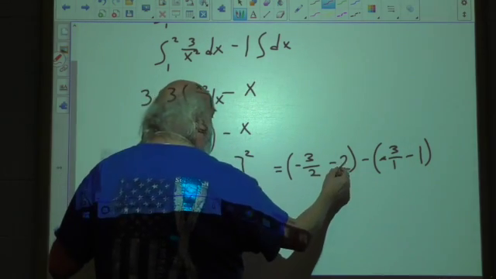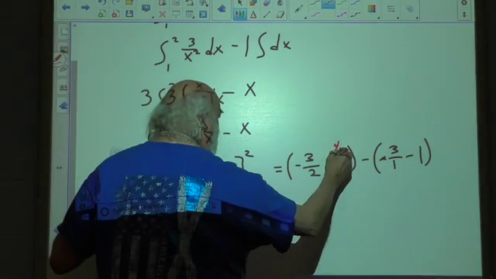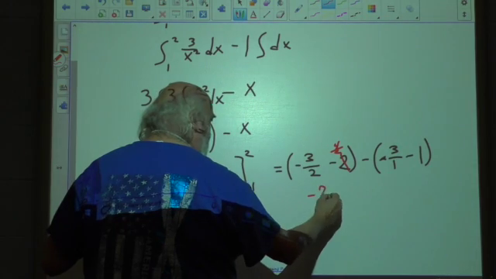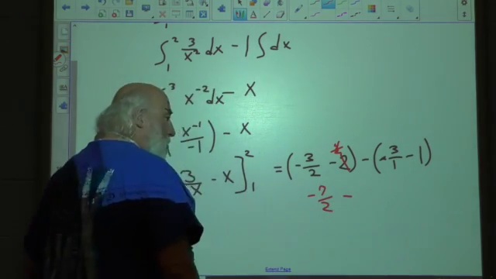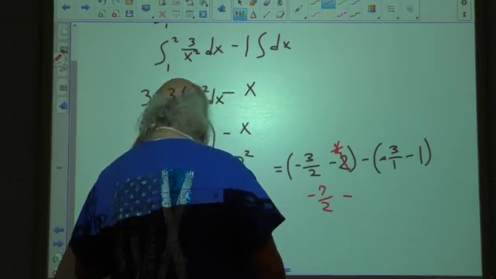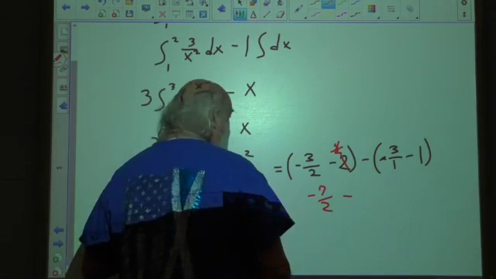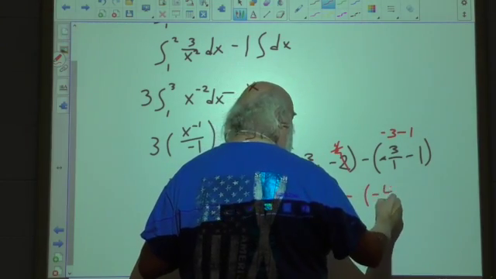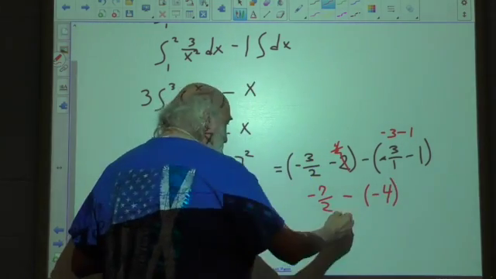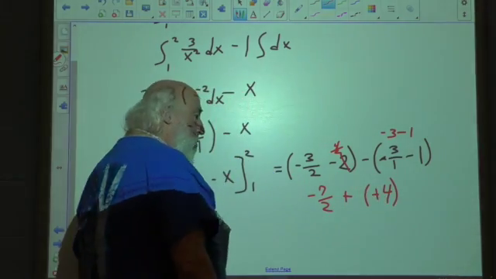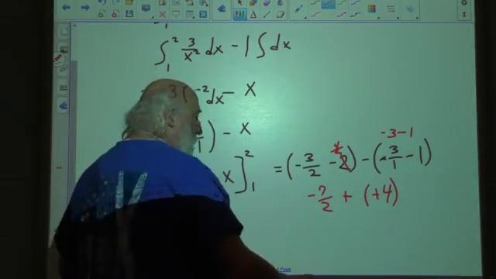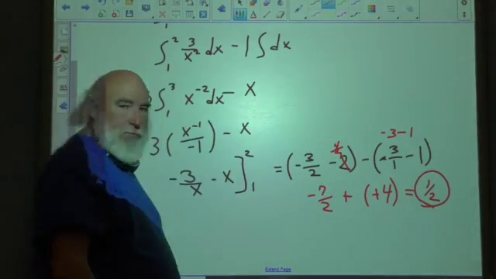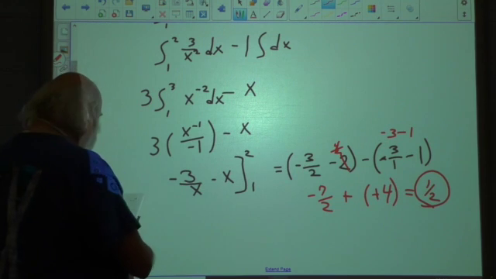I'm going to change that to 4 halves, so I can add these together. That's a negative 4 halves, so this is negative 7 halves. Minus negative 3 over 1, well, gosh, that's negative 3. Minus 1, which is negative 4. So that means we change these signs to addition and positive, and our answer becomes 1/2. Okay?